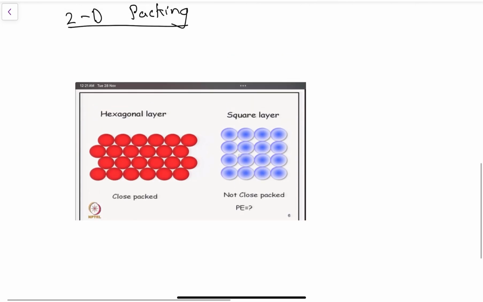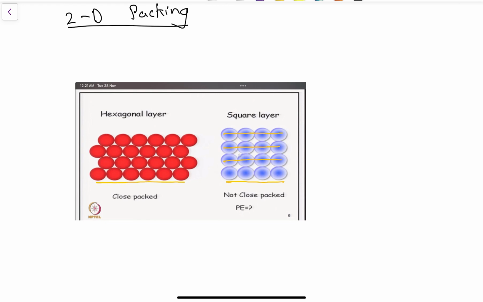For that, let us assume the atoms are placed like this. You can see that we are placing an atom here. There is one line of atoms. So here also you can see that there is one line of atoms. There are two ways of arranging atoms. You can see that there is another plane of atoms on top of this, and another plane on top of this.